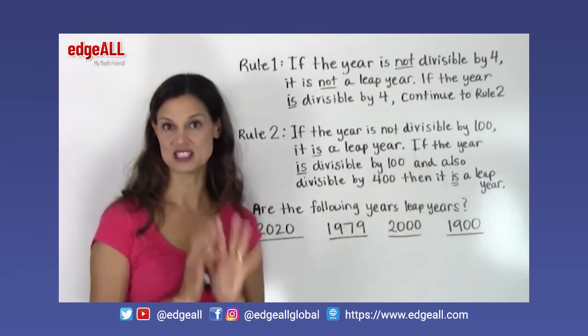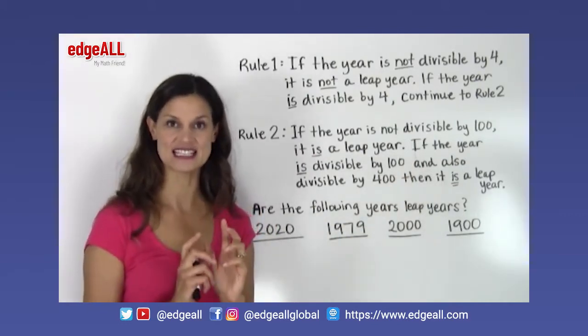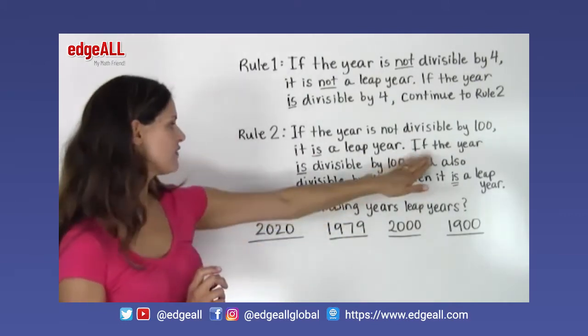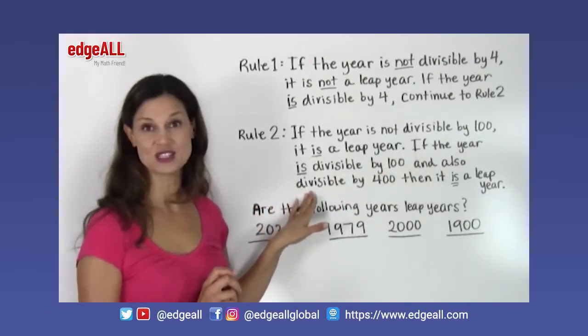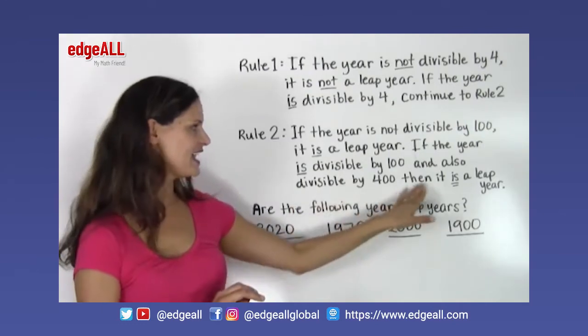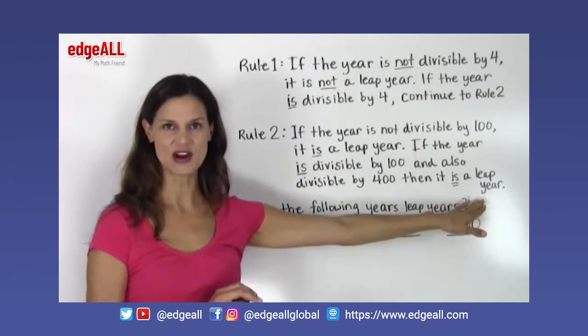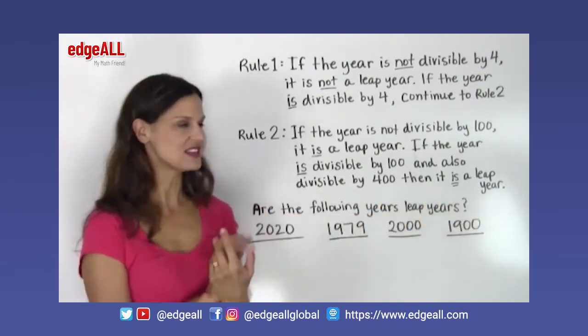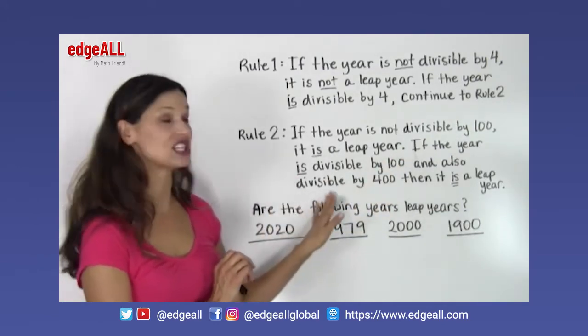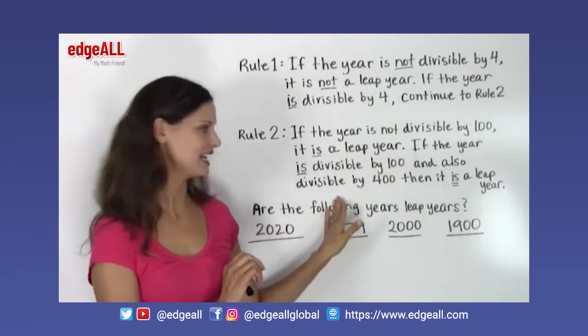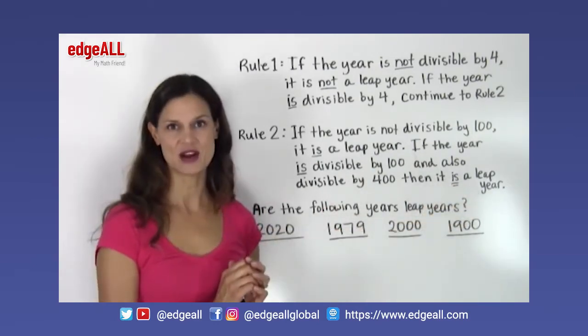And we would be able to stop right there saying our year is a leap year. If the year is divisible by 100 and also divisible by 400, then again it is a leap year. But the converse of this is also true. If the year is divisible by 100 and it's not divisible by 400, then it's not a leap year.